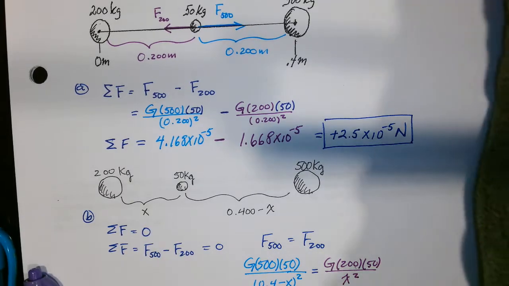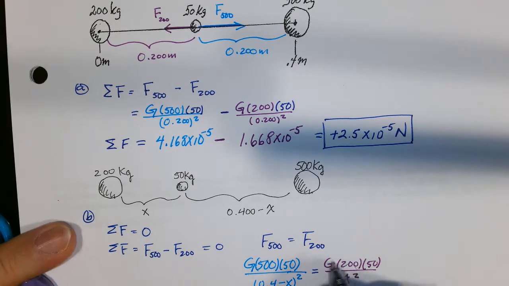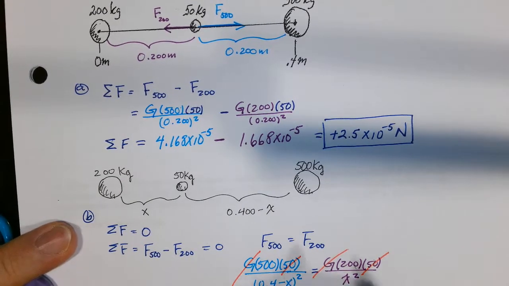You can see that the G's can cancel out nicely, and the 50 can cancel out nicely.